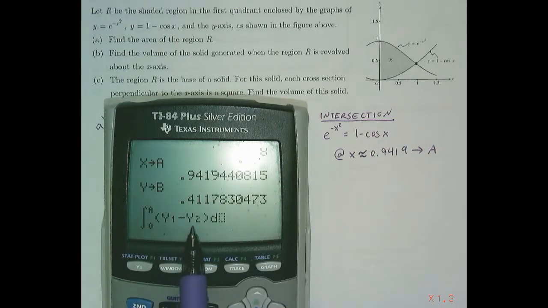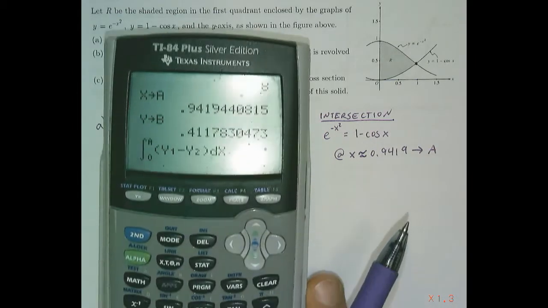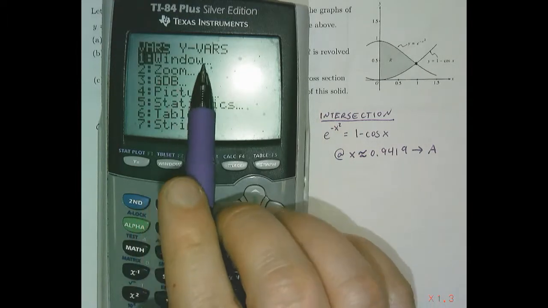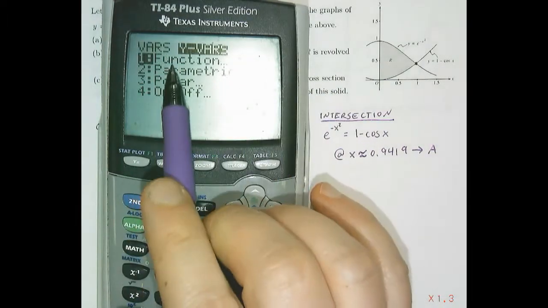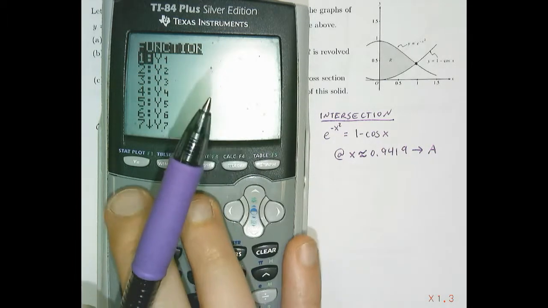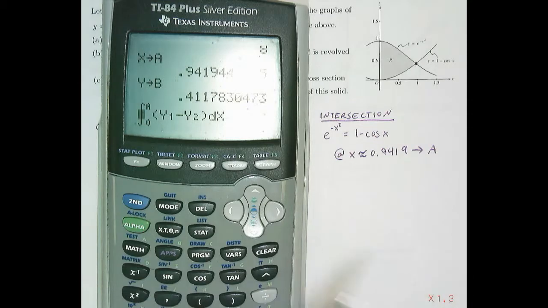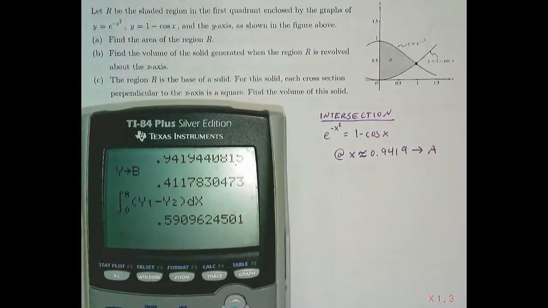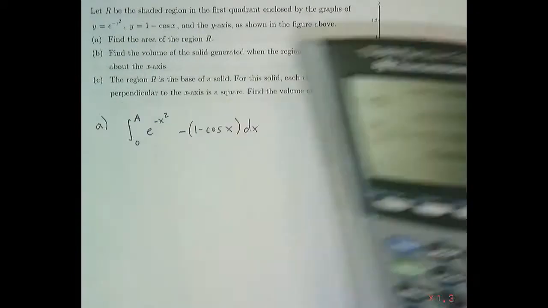You can also manually type in the equation or access the y1 and y2 by pressing vars, scrolling right to y vars, selecting function, and then those things exist there. So once we've typed in our integral expression, we can evaluate this, and we get an area of 0.5909.